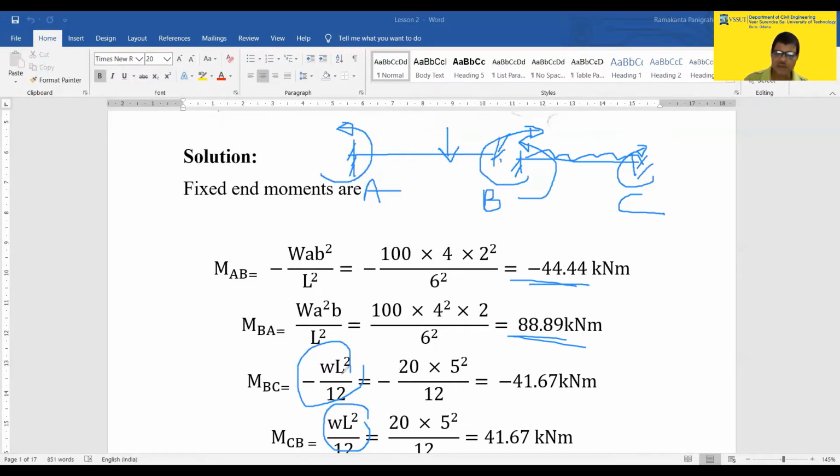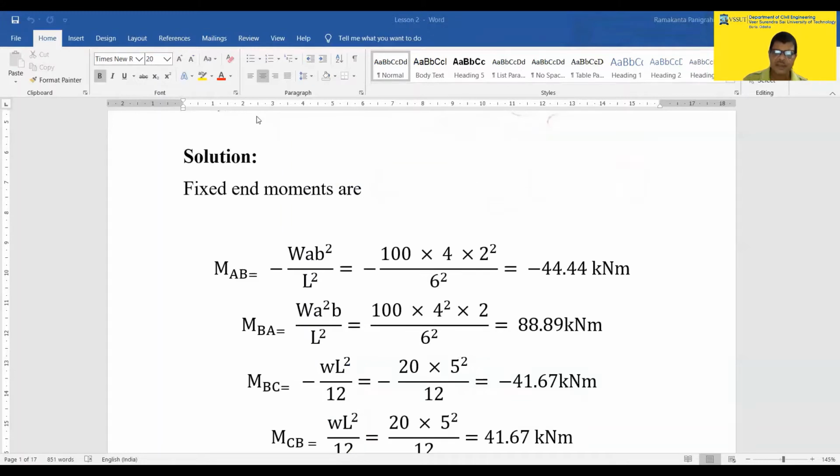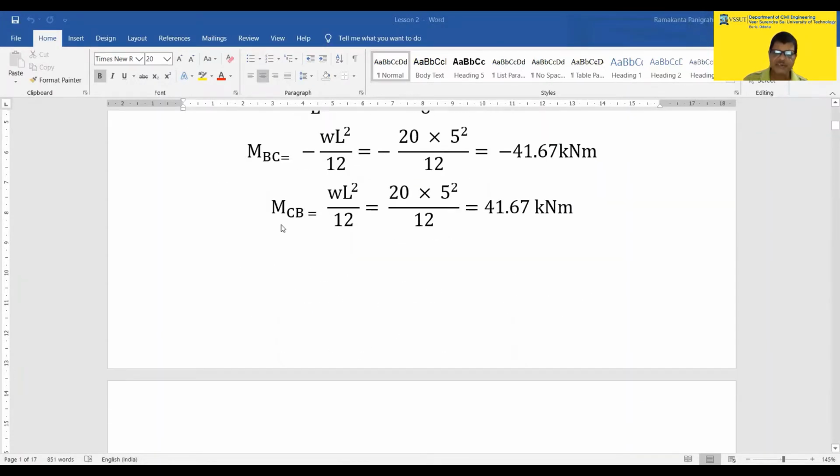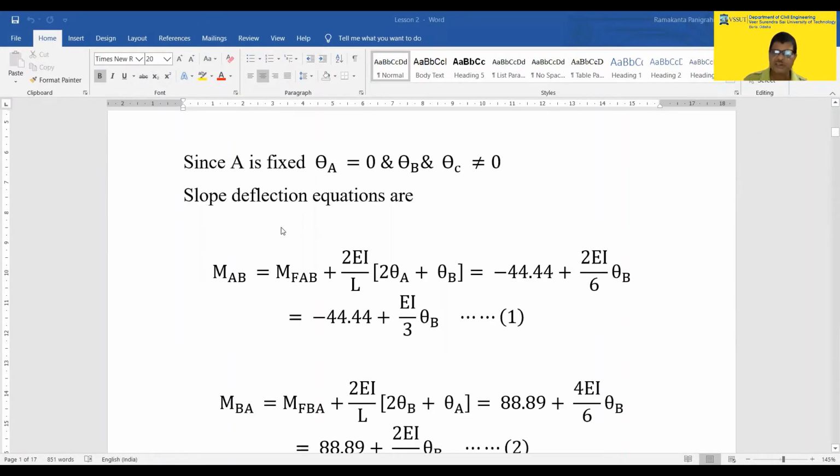If you put the respective values of W and L, we'll find this value is minus 41.67 and this is plus 41.67, where W is 20 and the span is 5. First we find the fixed end moments, then we'll go to the conditions.